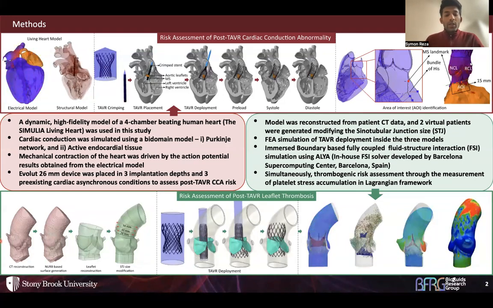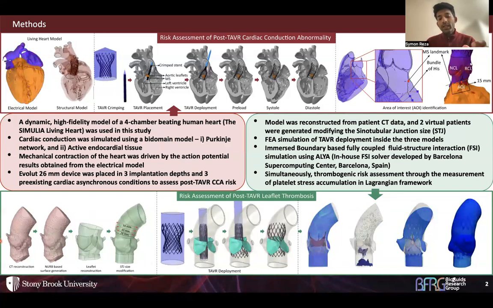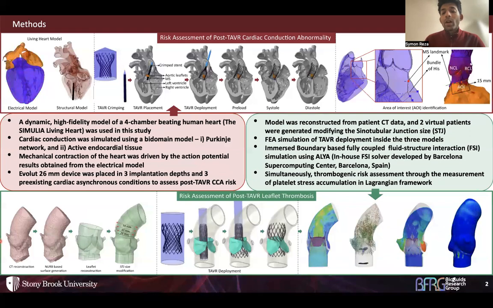Then we used a finite element analysis technique to deploy these TAVR stents, and then we performed two-way coupled fluid-solid interaction on the TAVR leaflets.